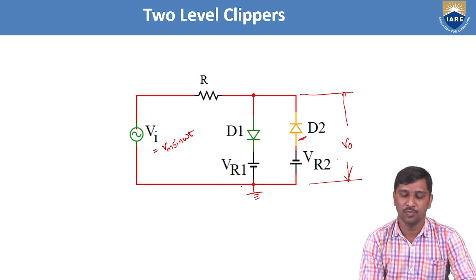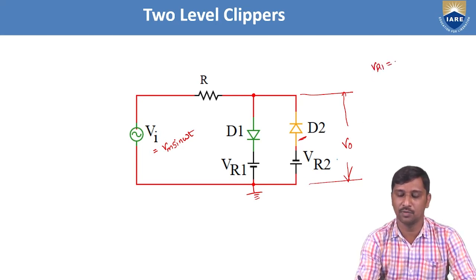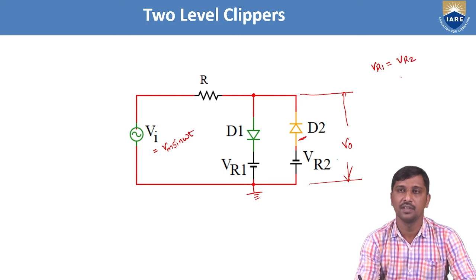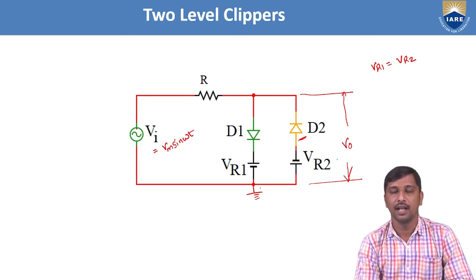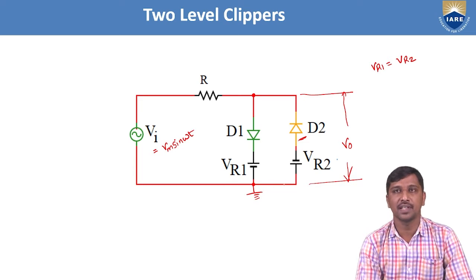And again, the note point is, here I consider VR1 equal to VR2, but the magnitudes are different. I consider the same amount of reference voltage across D1 as well as across D2, but the magnitudes are different here.